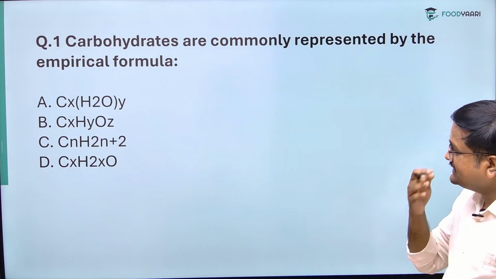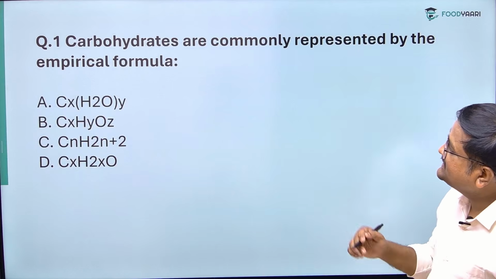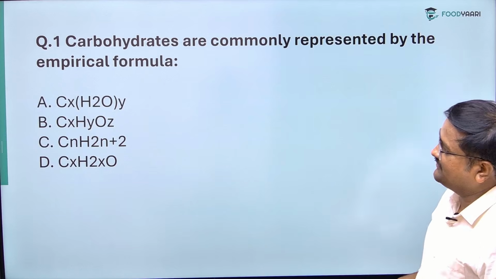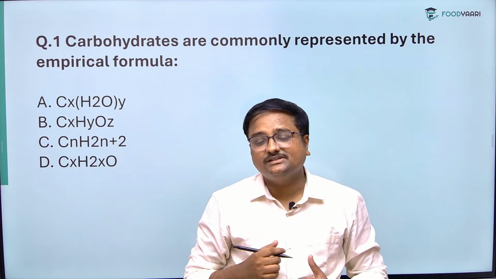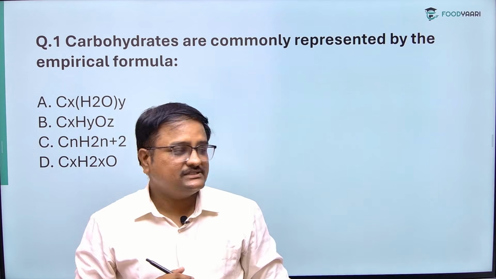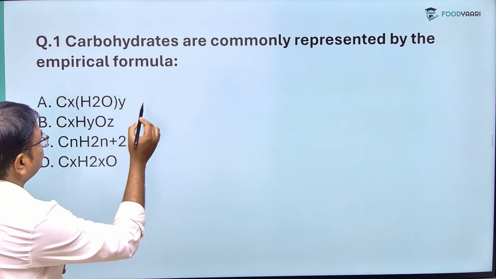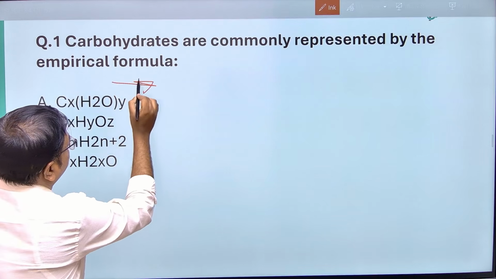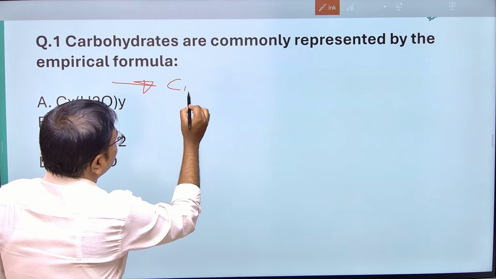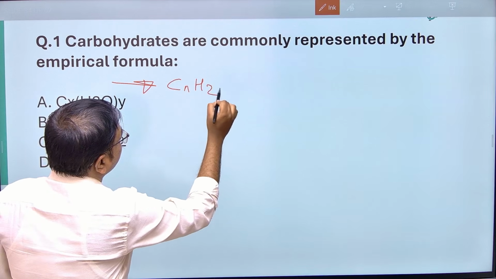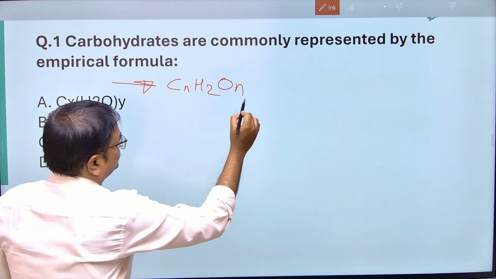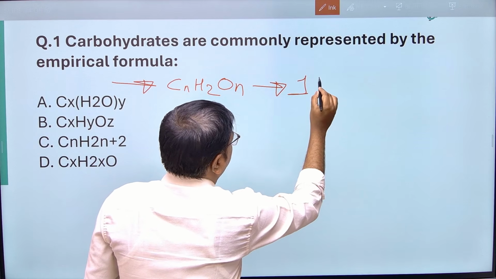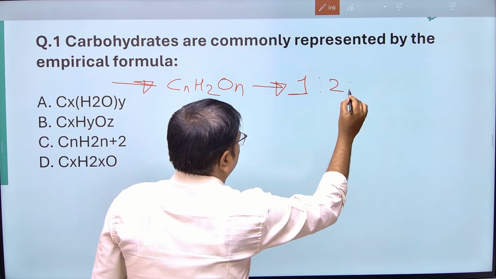The first question on the screen is: carbohydrates are commonly represented by the empirical formula. The general structure of a carbohydrate is CnH2nOn, which means the C, H and O are present in the ratio of 1:2:1.